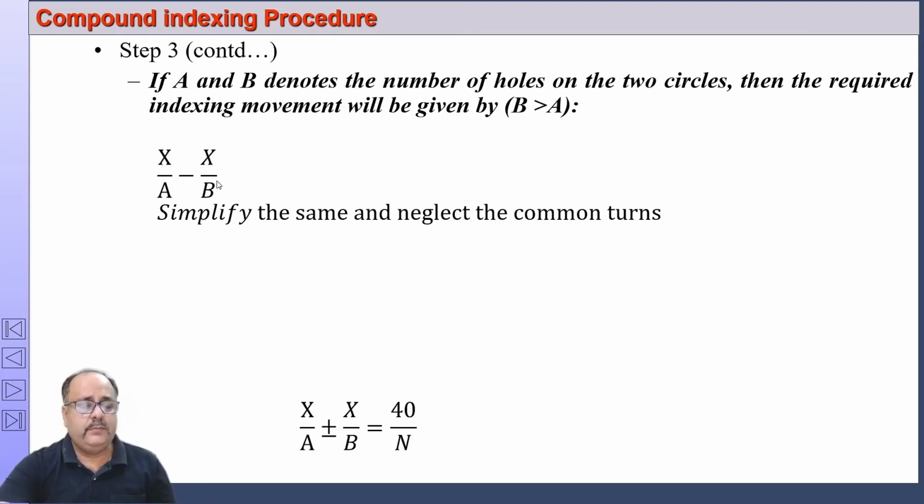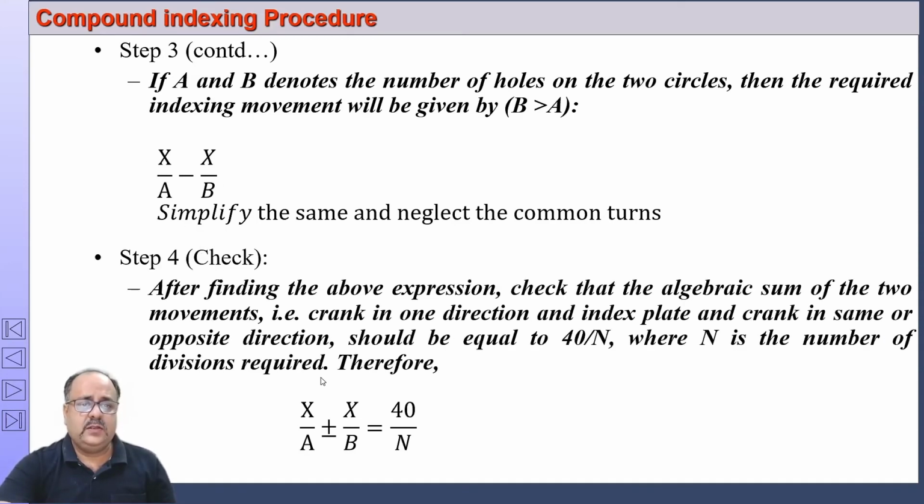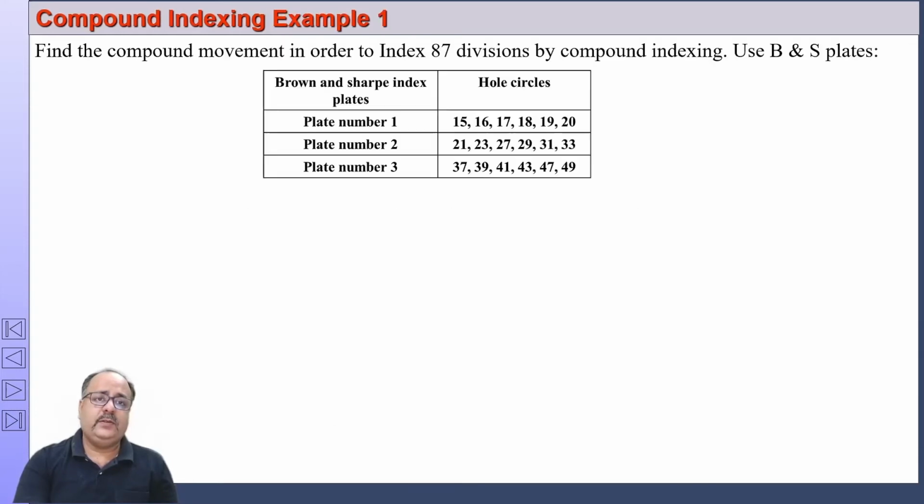This has to be bigger. Once you have done that, and if you have neglected the common terms, then you get this fraction. This fraction should be such that if we add or subtract, depending on what is actually coming, the compound movement should come out to be 40 by n. If it's not coming out, that means you have made some mistake. This is very important.